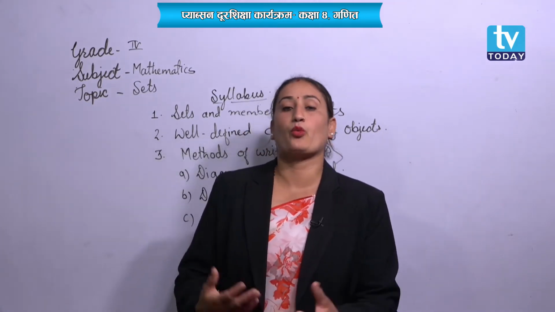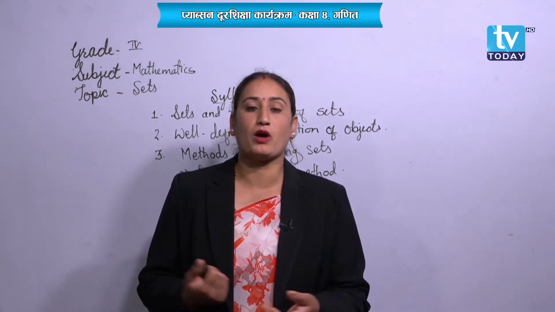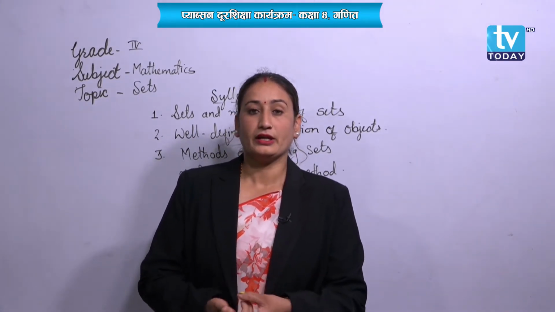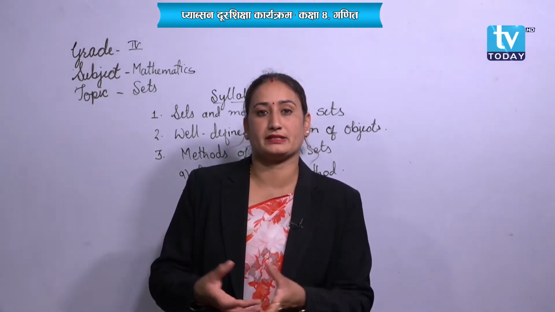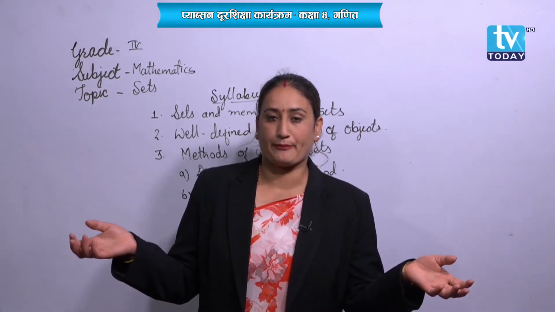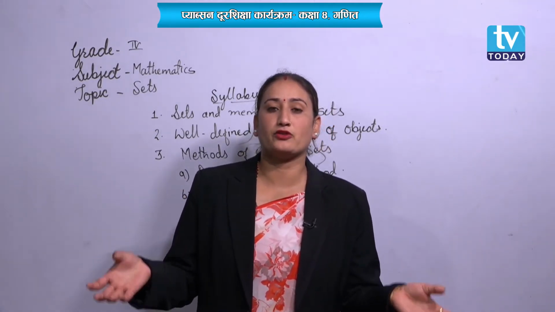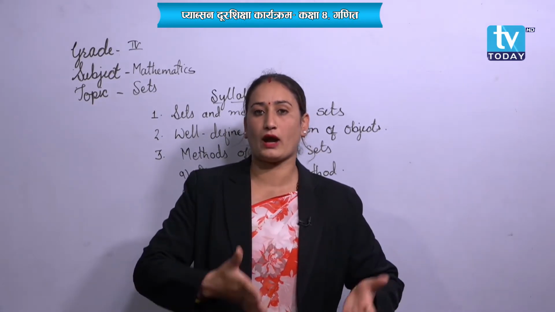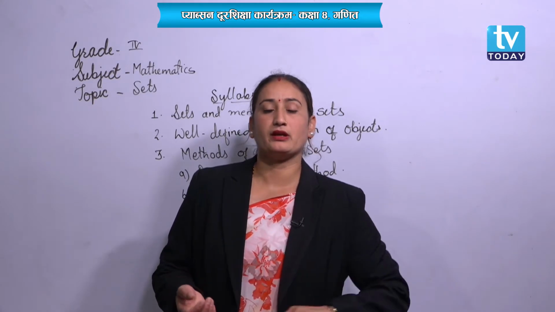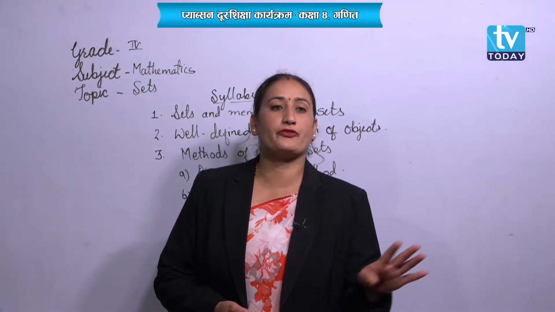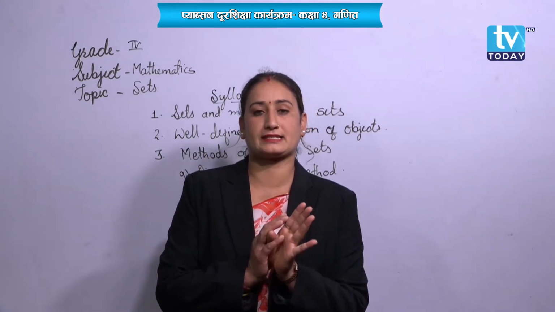Let's see here. A well-defined collection of objects means what? If you know the names of the things, if you know the measurement. For example, students of grade 4 come and sit in one class, or one section. Remember, students, you have 4 sections in your class.